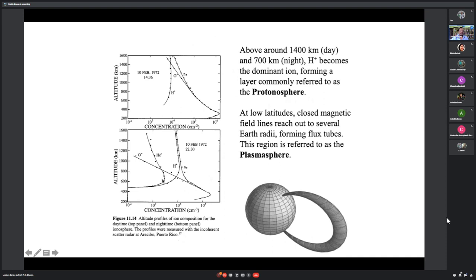So similarly, this kind of profile, this is helium, this is H, this is O plus, like that. Now at low latitudes, what happens? Now you know about the plasma, and the plasmasphere and ionosphere interactions, all those things you are now aware of.